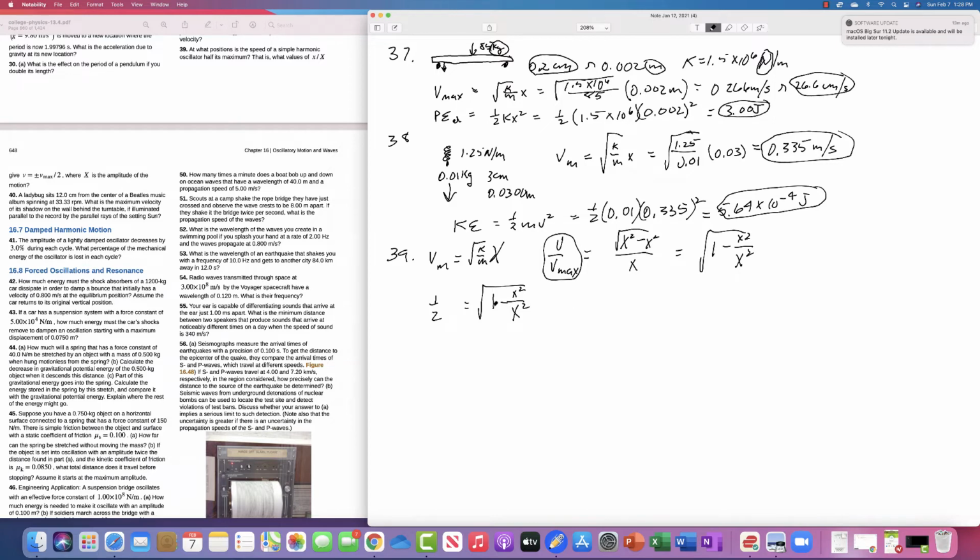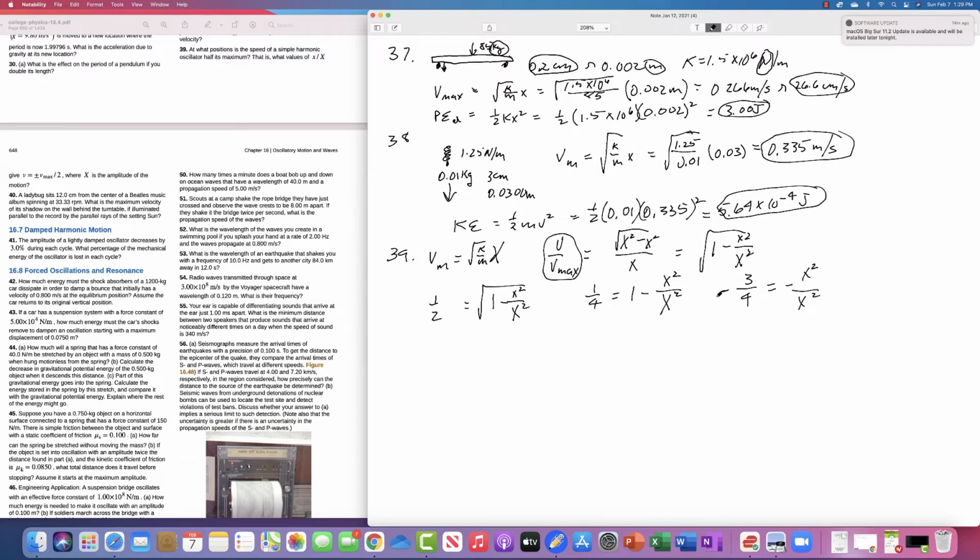And if you square both sides, you get 1/4 is equal to 1 minus little x squared over big X squared. You move this 1 over here, and that gives you negative little x squared over big X squared.